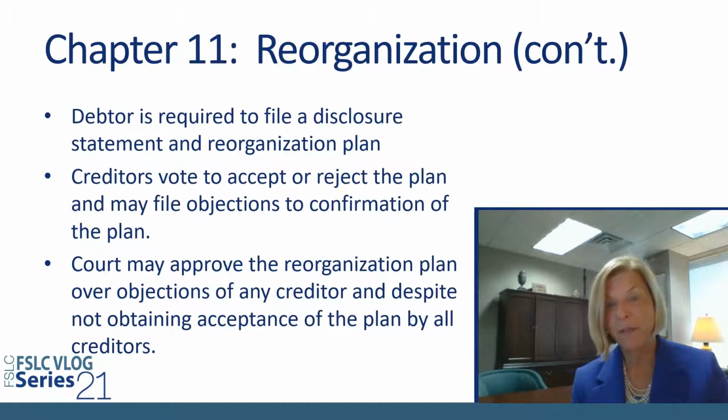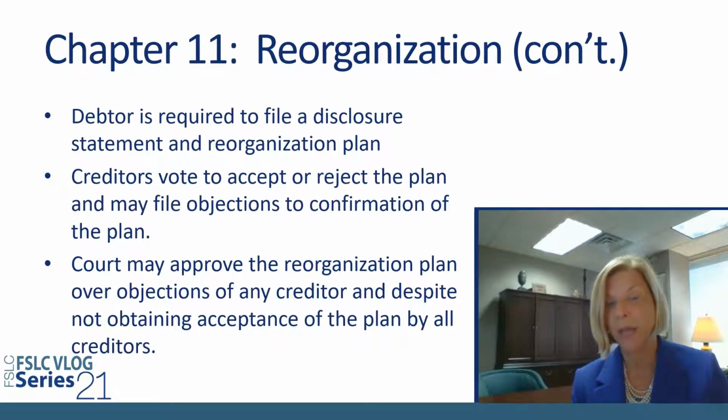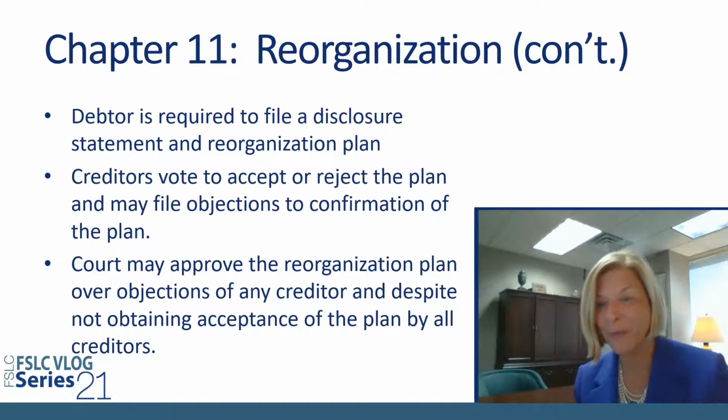But even if objections are filed, or there are votes against the plan, the court may still approve the reorganization plan over objections. And even if not all of the creditors vote for the plan, or the creditor classes vote for the plan, so long as the plan is otherwise in compliance with Section 1129 of the Bankruptcy Code.